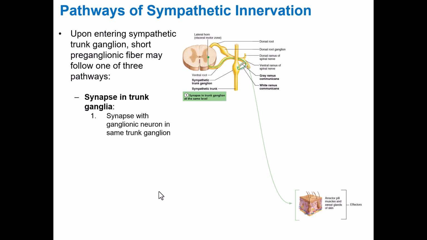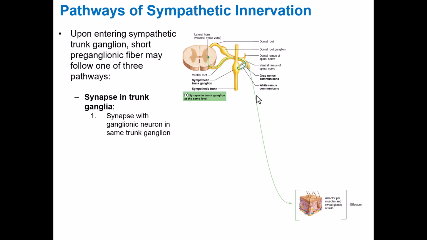There are different ways that the preganglionic neurons of the sympathetic division will travel as they leave the spinal cord and head toward the sympathetic trunk ganglion or to a different ganglion.